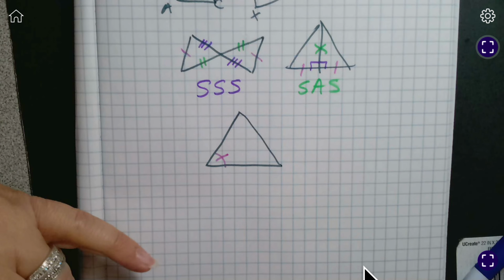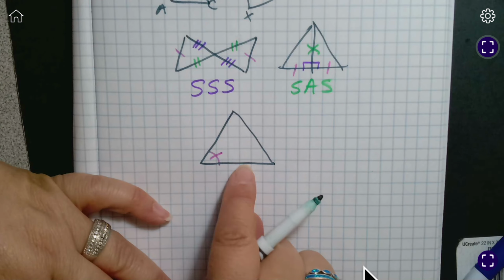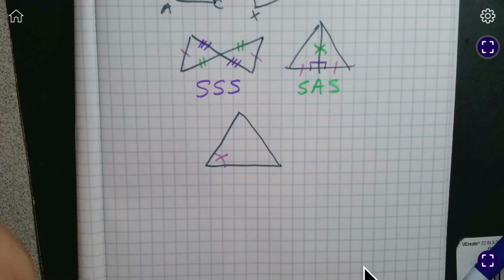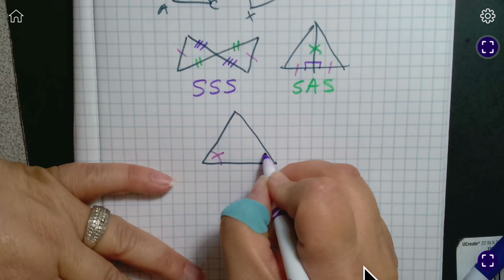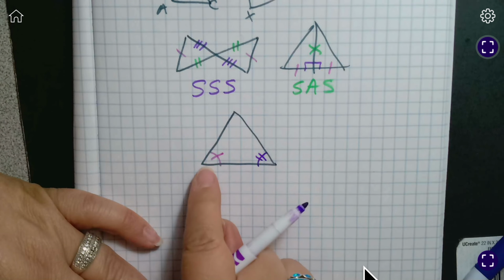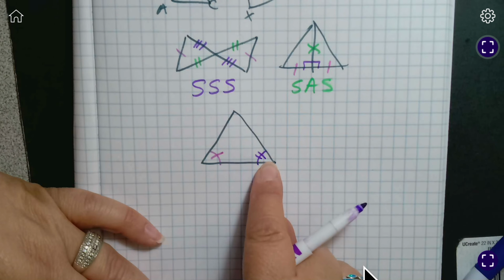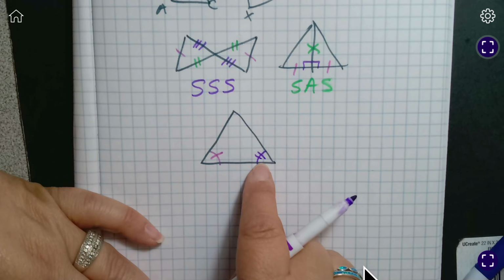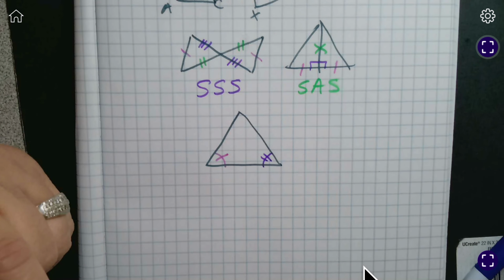So if I skip this side, then that means that the next one I'm going to talk about is this angle. So from here to here is okay. You can go from here to here. It's the next angle. Okay?